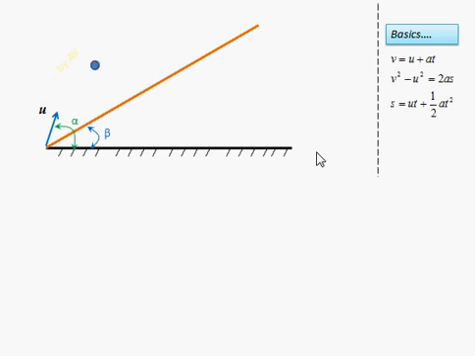As the particle moves, it creates a trajectory, that is, its path is like this, and that path will have an angle of alpha minus beta, because the angle of projectile with respect to horizontal is alpha and the inclined plane is having an angle of beta. This will have the angle alpha minus beta.